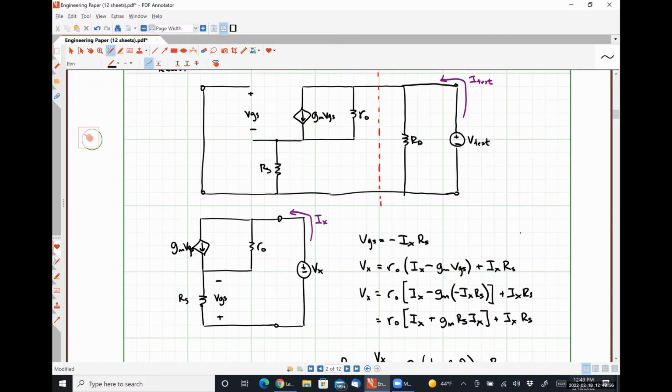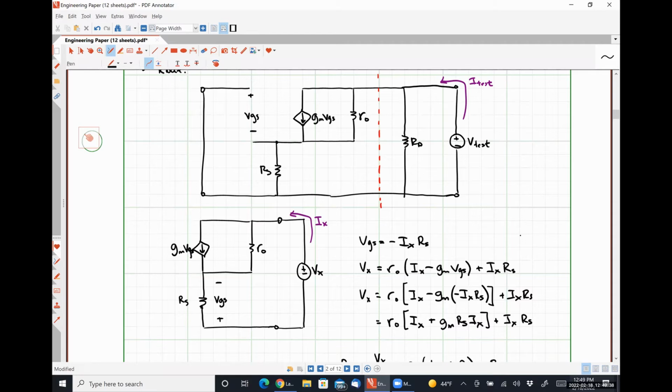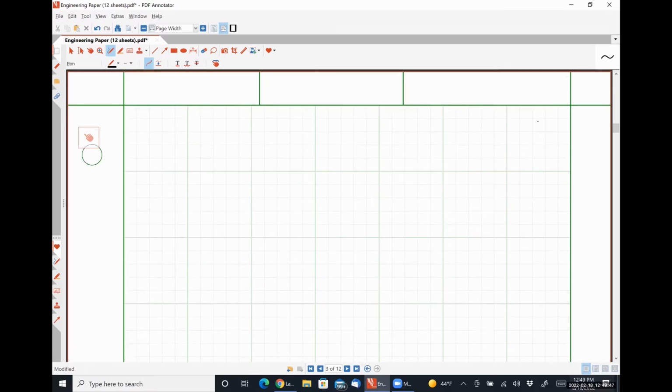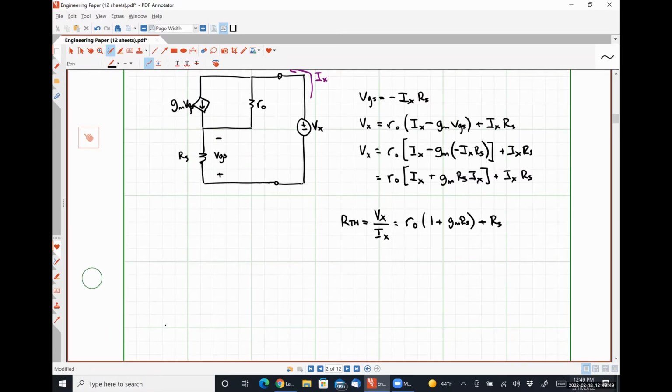So now what I'm going to do is I'm going to redraw this top circuit, but I'm going to replace everything to the left of the dashed line by that Thevenin equivalent resistance. So what that's going to look like is this.